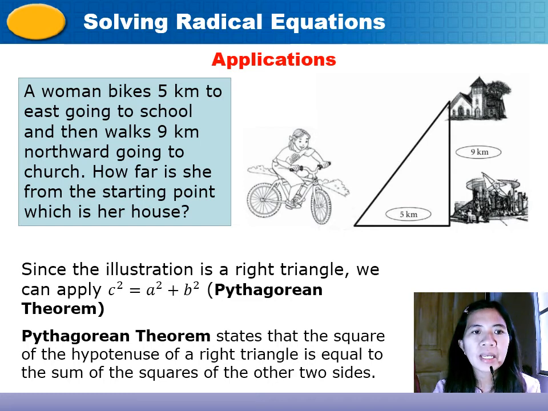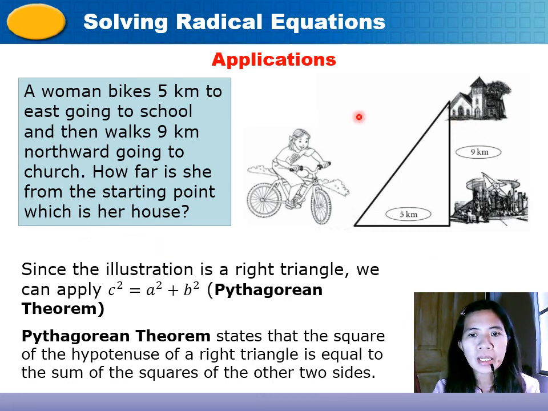So when we say application, we are going to use it now in real life problems. How to solve radical equations. So we have here a situation. A woman bikes 5 kilometers east going to school and then walks 9 kilometers northward going to church. How far is she from the starting point, which is her house?